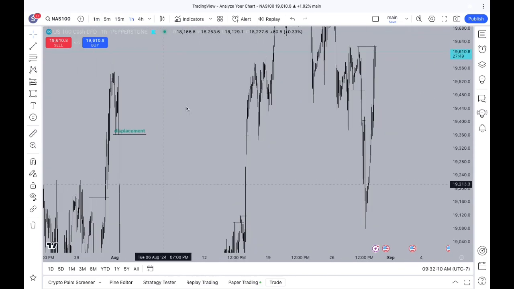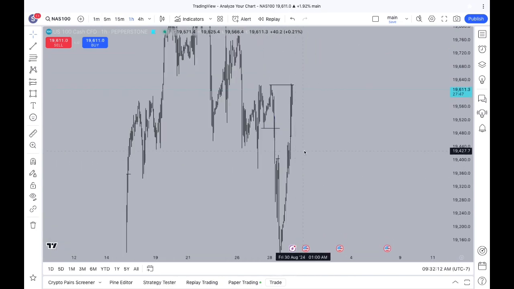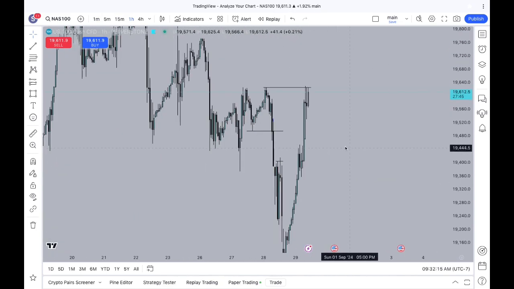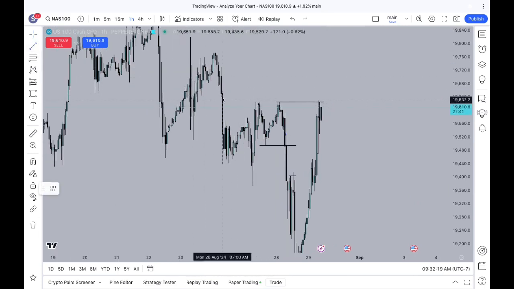Okay, so I had marked it over here. So I'm gonna start over here and I'm gonna mark it over here. So, let's say you just go to this right here, this displacement right here. Let's identify this.